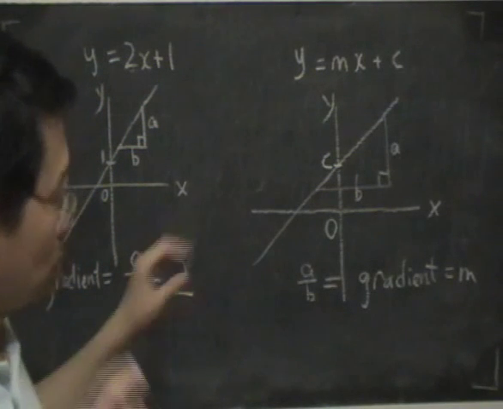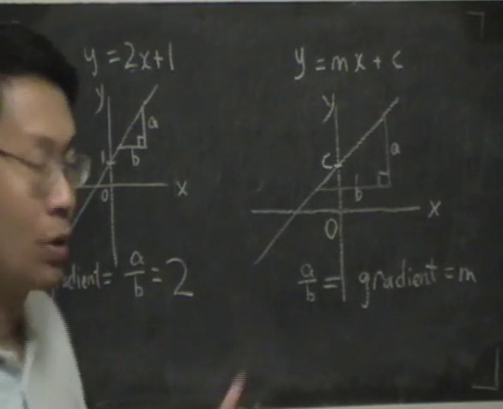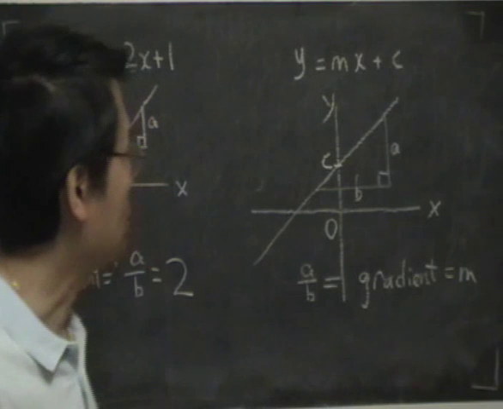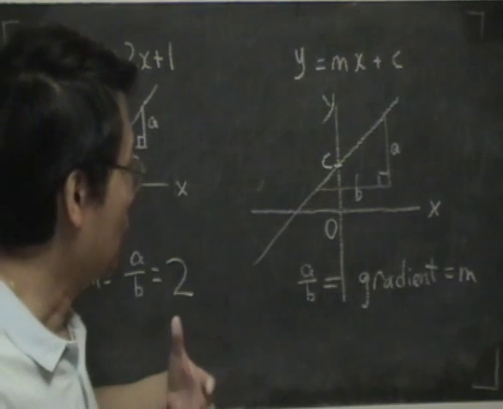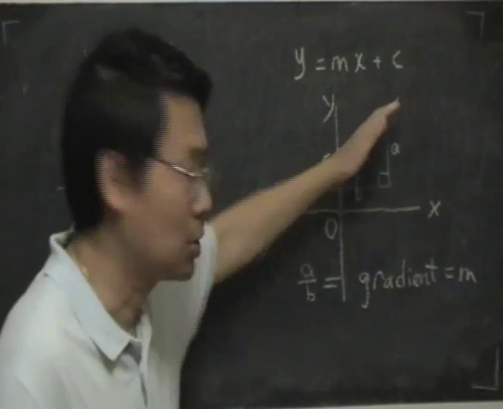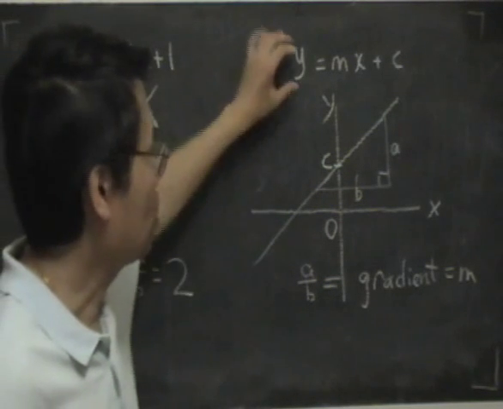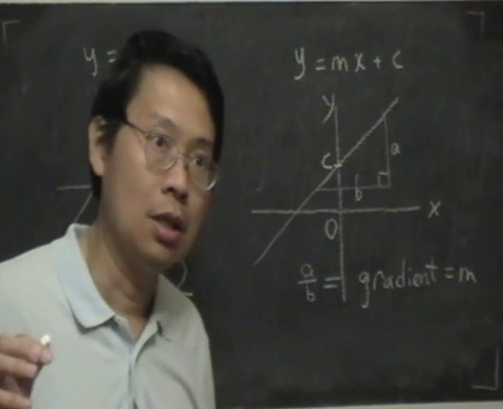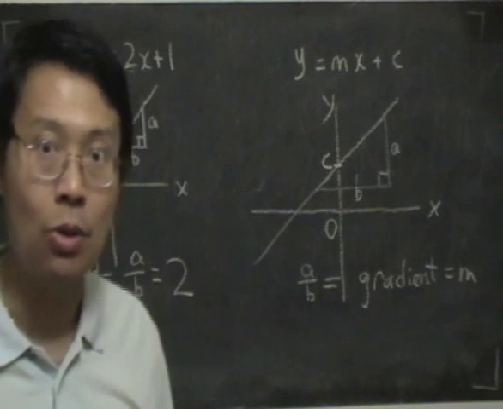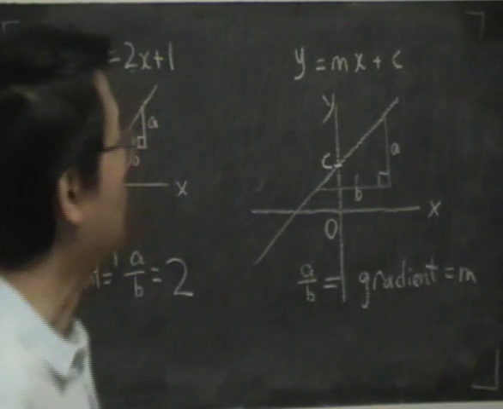Because this equation always gives a straight line graph, we call this equation a straight line equation or a linear equation.